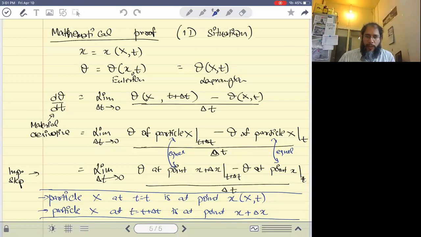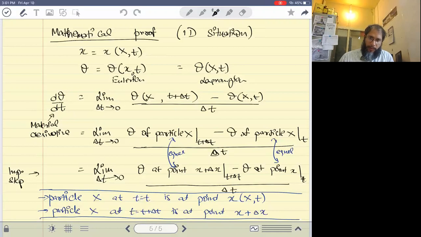As the time changes, the particle is still the same, so capital X is still the same, but its position has changed to a point small x plus delta x. So using these ideas, I can write that theta, that's temperature at a point of a particle capital X at time t plus delta t, is the same as the temperature at a point small x plus delta x at time t plus delta t.